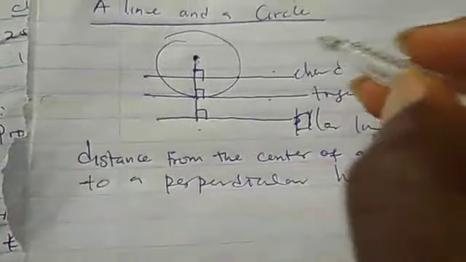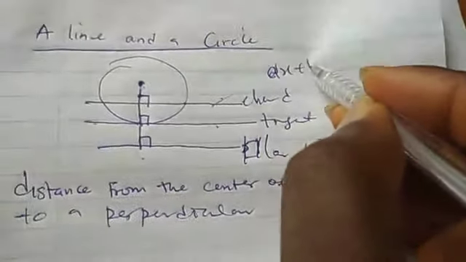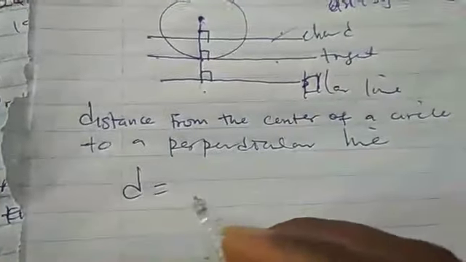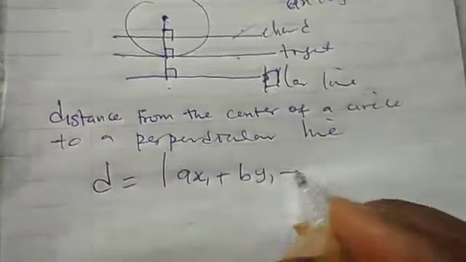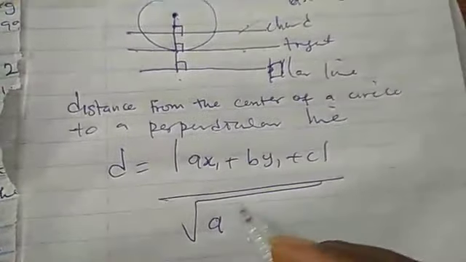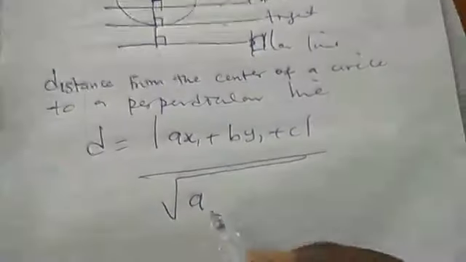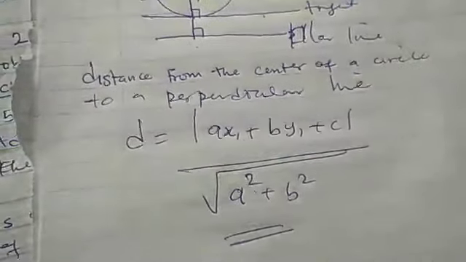So we assume that the line is of the form ax plus by plus c equal to 0. We have given this before. The distance is still ax1 plus by1 plus c. That is perpendicular distance. But this one is from the center. So this is the formula, we have given it before.